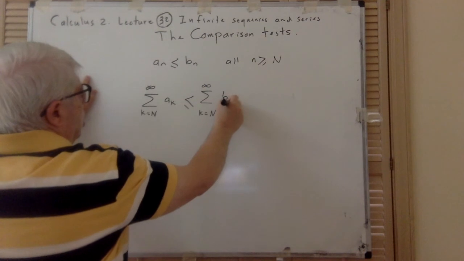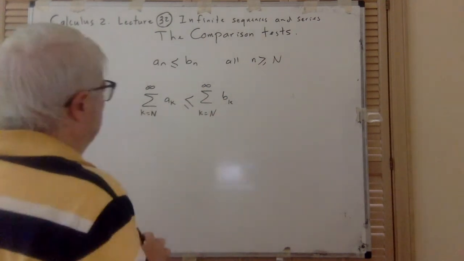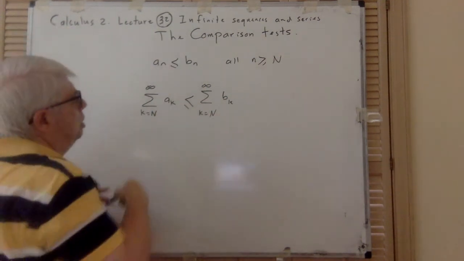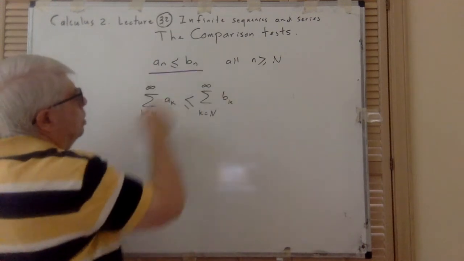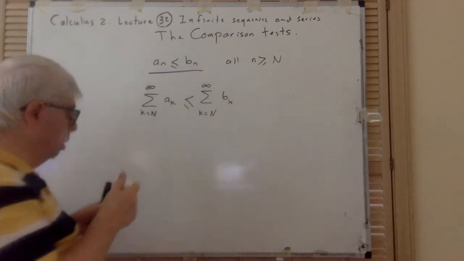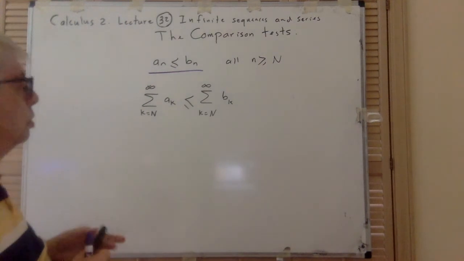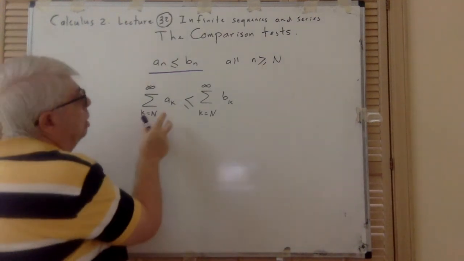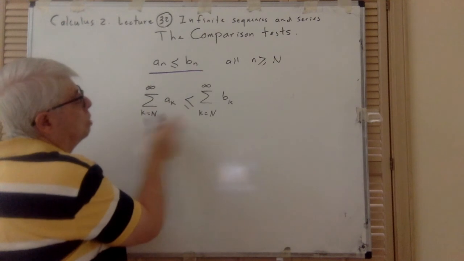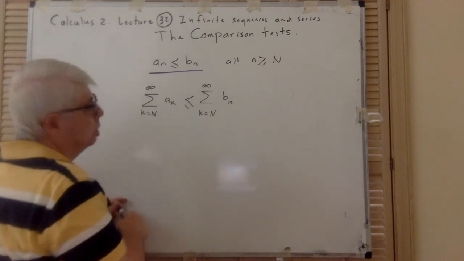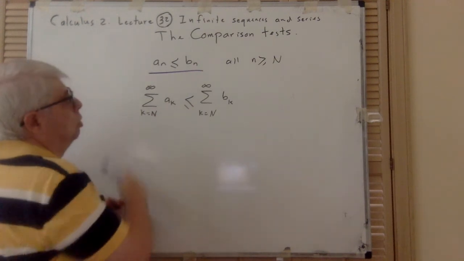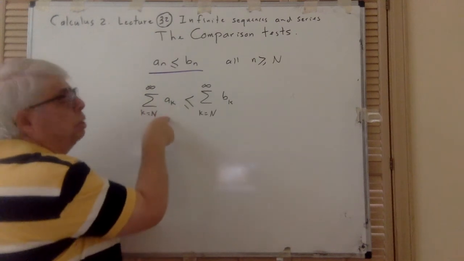So this inequality, when I add them, and I have positive terms, right? I add them, I have positive terms. This sum also becomes less than or equal to this sum.